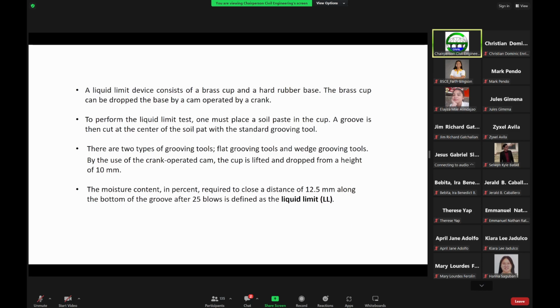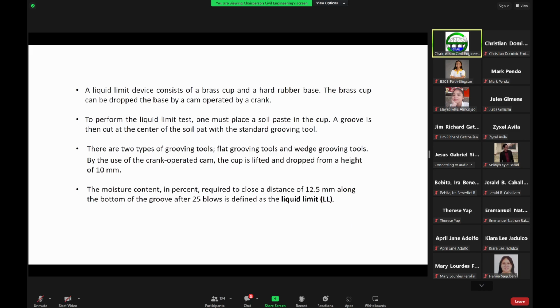With this procedure, the moisture content in percent required to close a distance of 12.5 millimeters along the bottom of the groove after 25 blows is defined as the liquid limit, as far as laboratory procedure is concerned.